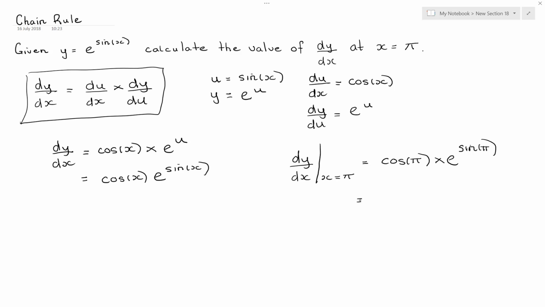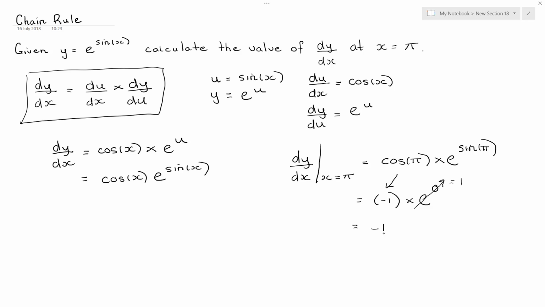Now, cos of pi, you should recall, is equal to minus 1. And then we have e to the sine of pi. Now, sine of pi is 0. And we have e to the 0. Now, anything to the power of 0 is equal to 1.